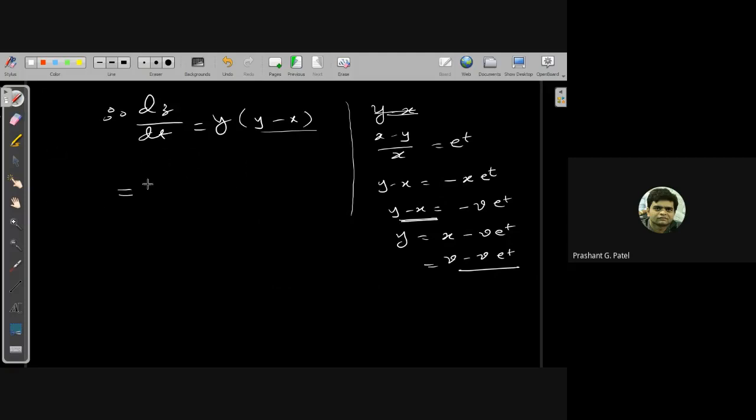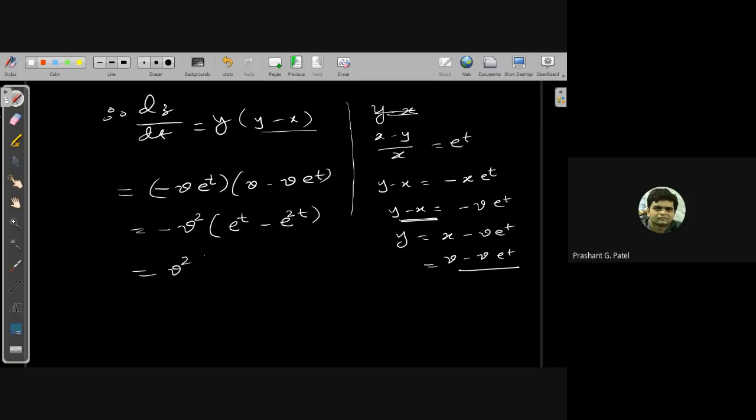So that is minus v e power t into v minus v e power t. V is common out, and e power t if I multiply inside, then it is minus v square e power t minus e power 2t.